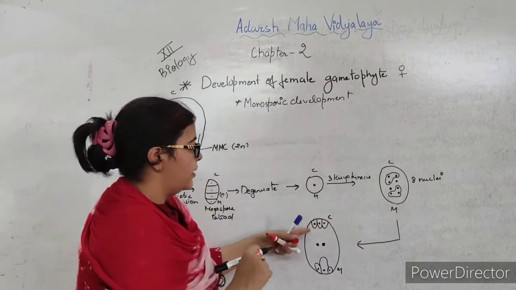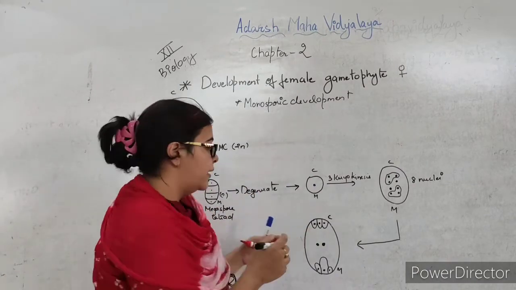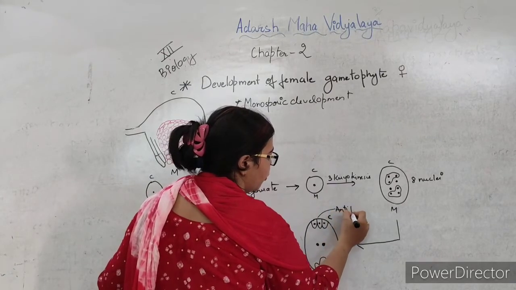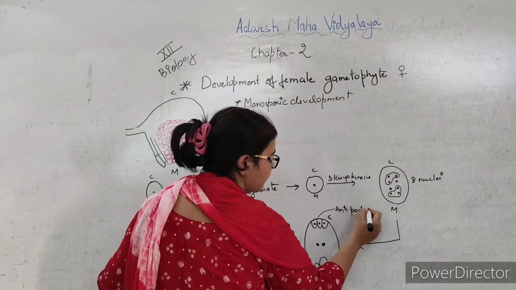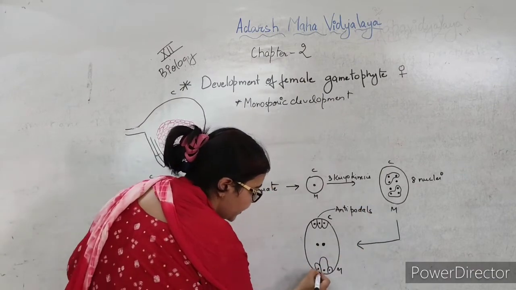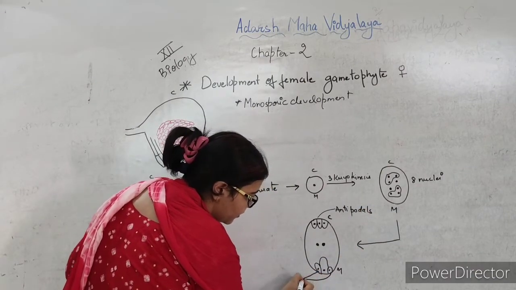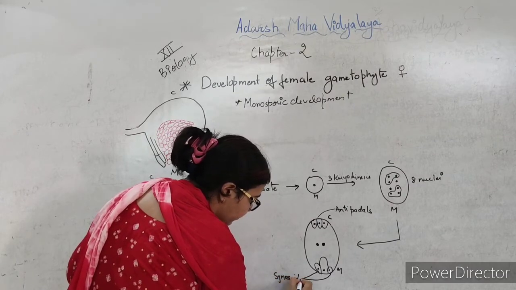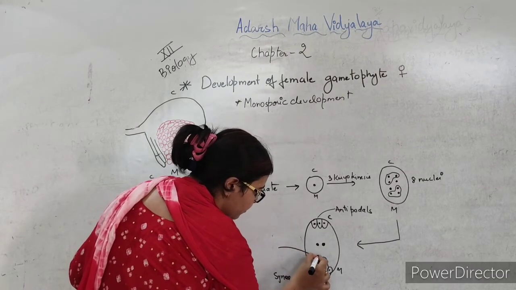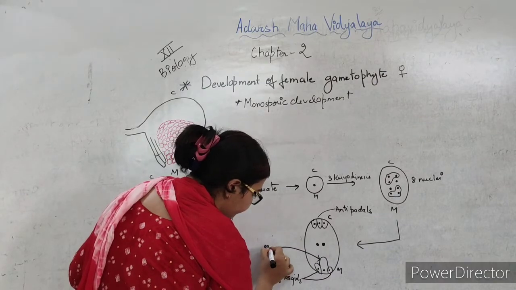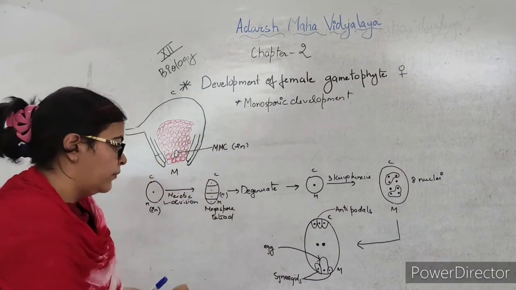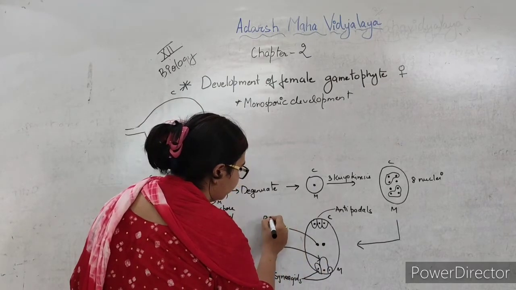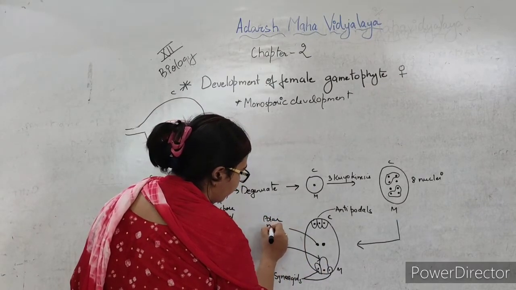The 3 cells present towards the chalazal end are called the antipodals. These 2 are the synergids. This is the egg. And these are the polar nuclei.